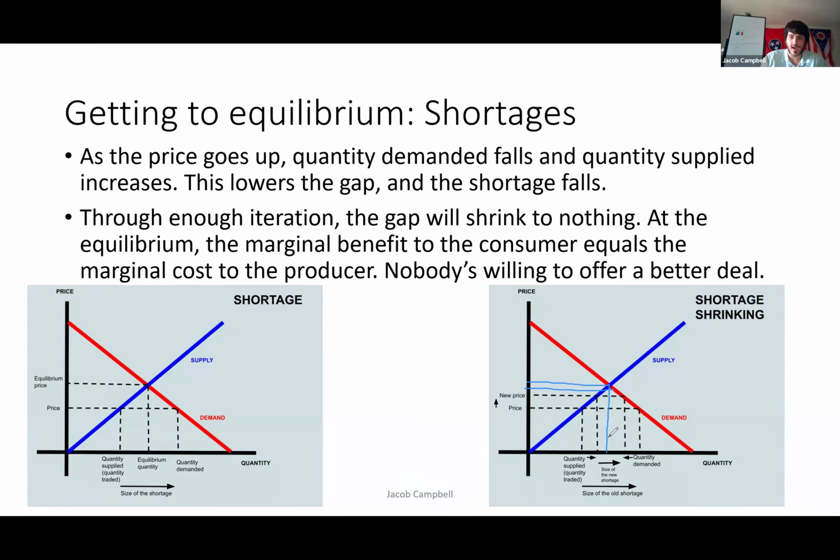So the consumer is not willing to offer a higher price. And if the consumer offered a lower price, then the producer would not be willing to produce as much as before. The quantity would actually fall. At the equilibrium, because the two are equal to each other, marginal benefits and opportunity cost, the situation is stable. Neither side is able to improve on it.